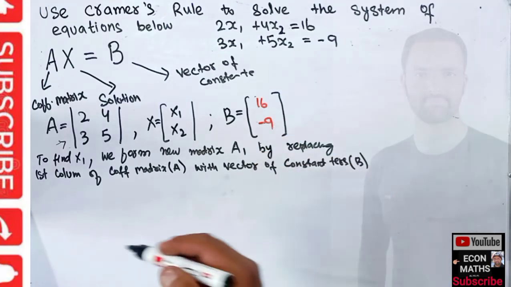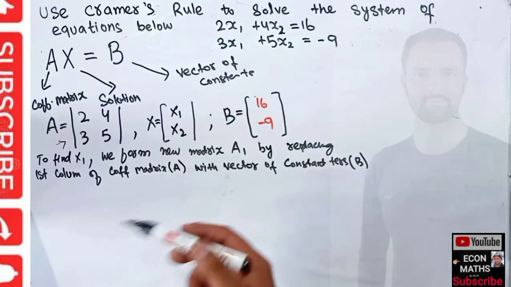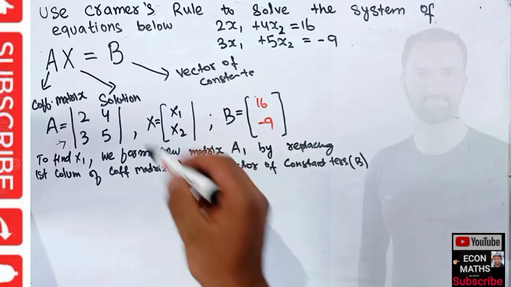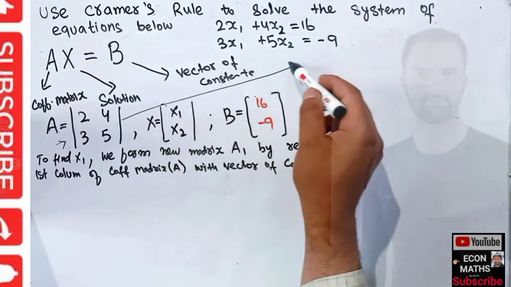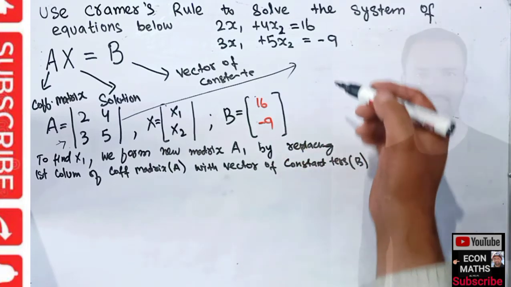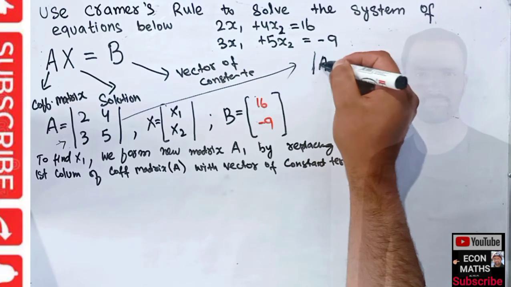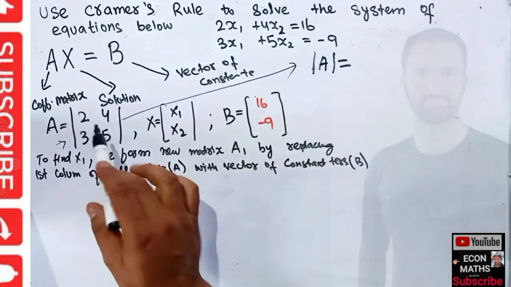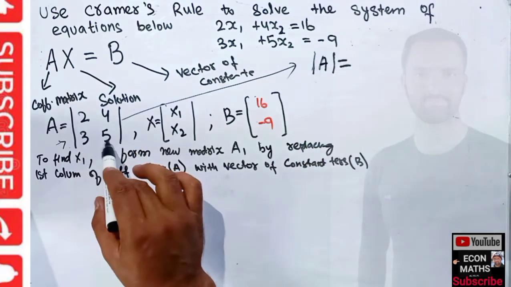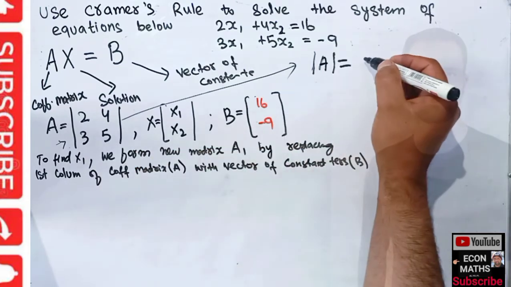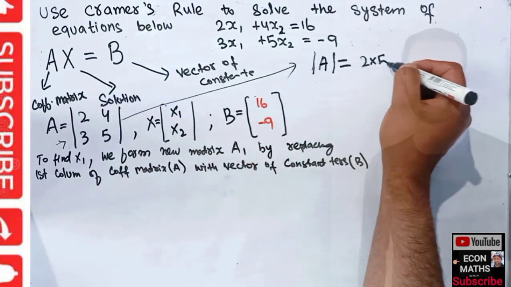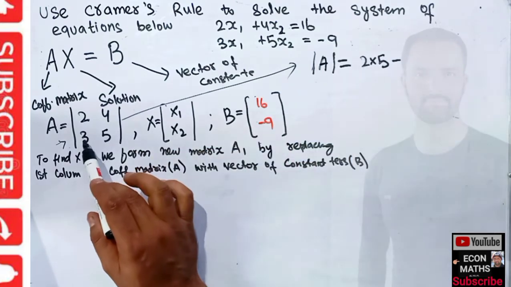One important thing that I forgot to write first: we have to take the determinant of the coefficient matrix. I apologize for that. The determinant of this matrix is given by multiplying the principal diagonal elements, that is 2 into 5, and from that we subtract the product of these elements, that is 3 into 4.